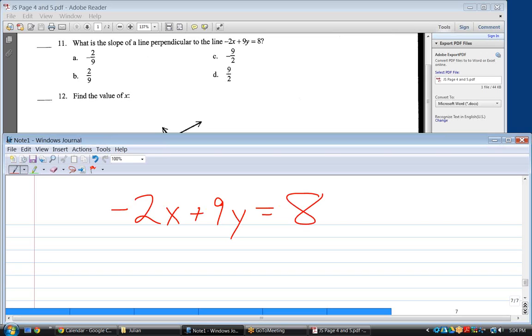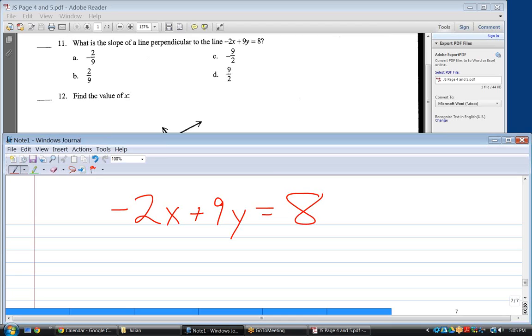What do we have to do to figure that out? We have to know two things. First of all, we have to know what the slope of this line is. Second of all, we have to know, well, what's the slope of the perpendicular line going to be once I know the slope of this line?